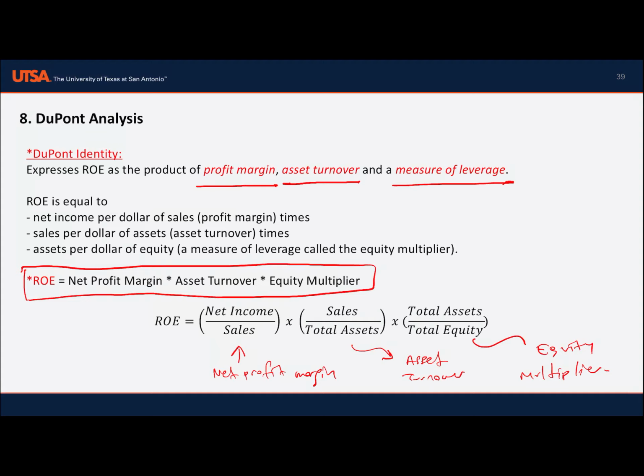So when you multiply these three components of return on equity, you will find sales and total assets gone, and you will only have net income over total equity, which is return on equity, right? When you multiply these three components, sales should be gone, total assets gone, and you will only have net income in the numerator and total equity in the denominator, which basically gives us the return on equity.